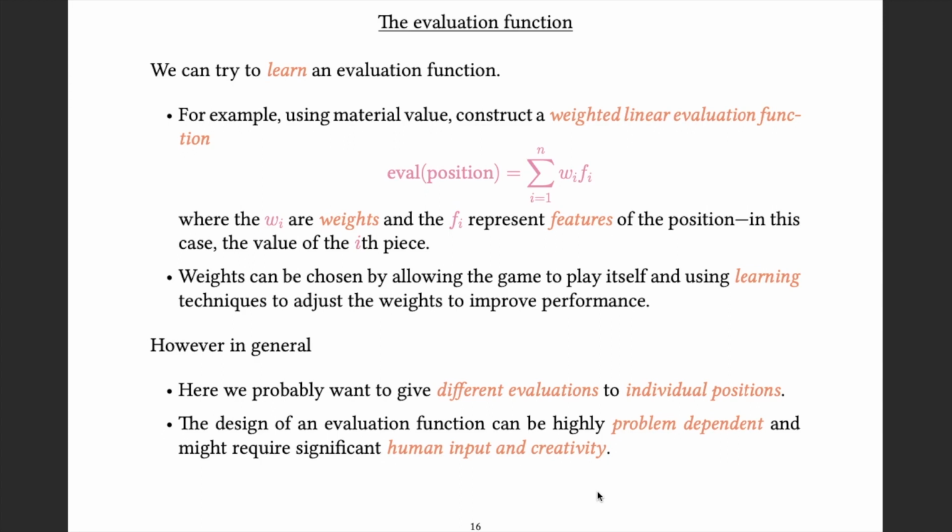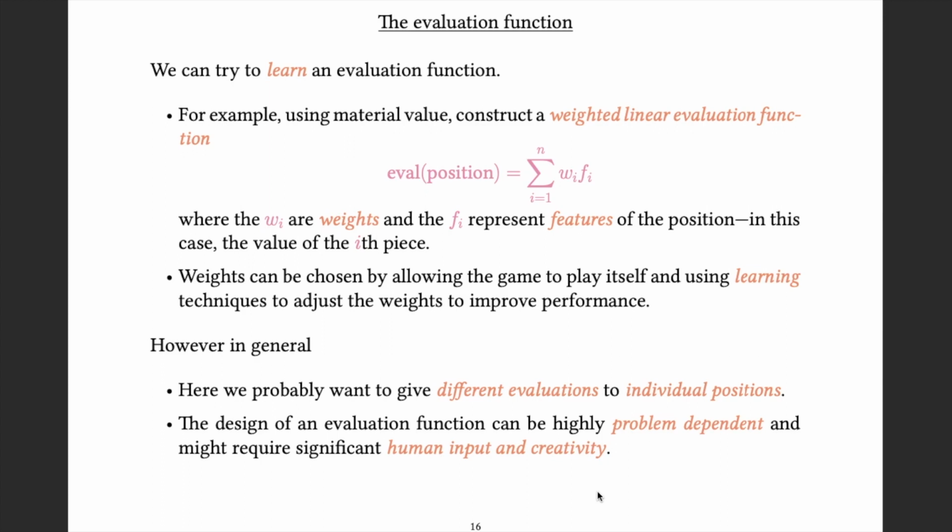And by learning here, I mean just adjusting those weights to try and find values that lead to an effective evaluation function. And we might, for example, do that by allowing the game AI to play itself and thereby explore which weights led to a stronger player.